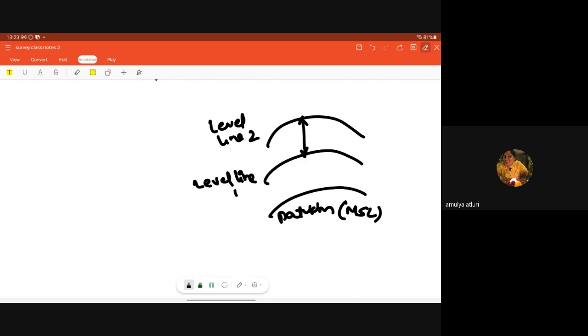What is a horizontal plane? The tangent to the level surface and perpendicular to the plumb bob is the horizontal plane. Vertical plane is normal to the horizontal plane and is shown by the plumb bob. Datum is any surface to which the elevations are referred.